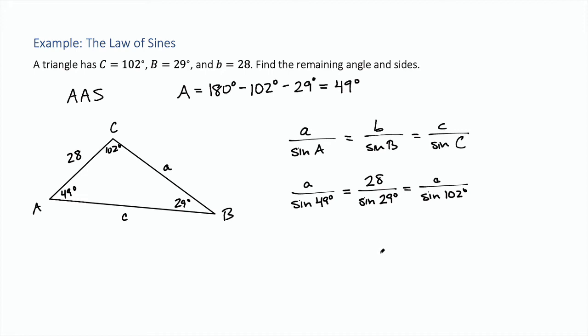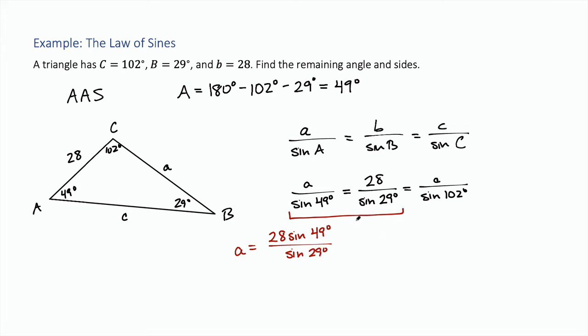And so now we can see that here we've got this equation that can allow us to solve for a. And if we take that equation and multiply both sides by sine of 49 degrees, we get a equals 28 sine of 49 degrees over sine of 29 degrees.